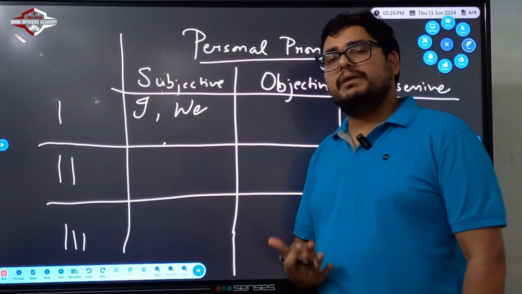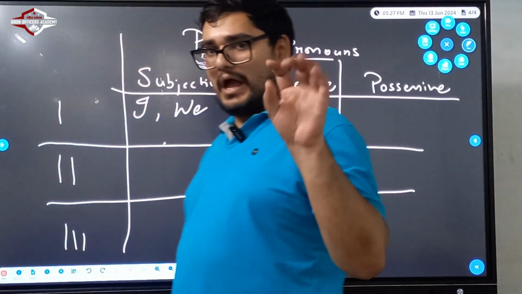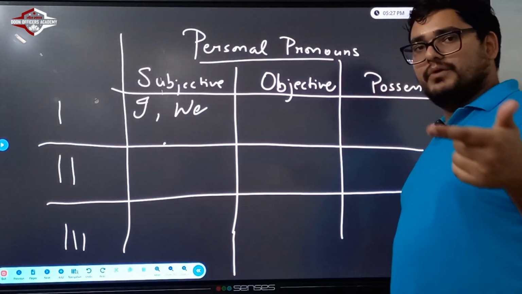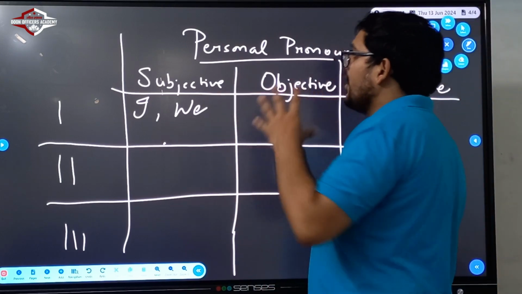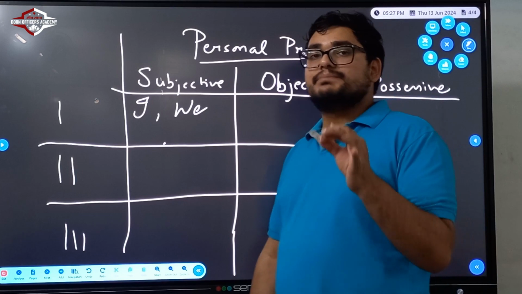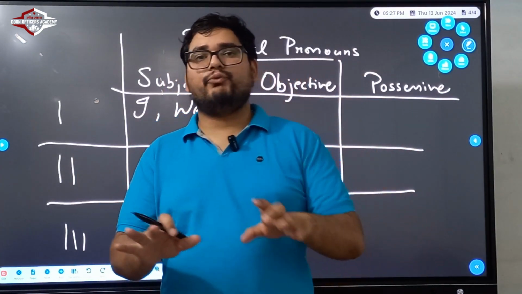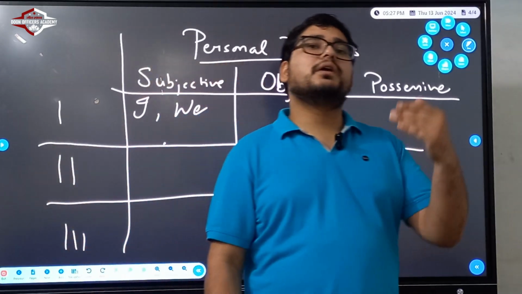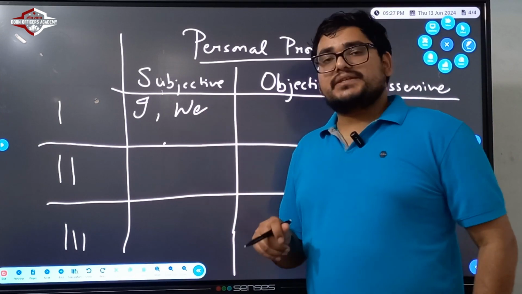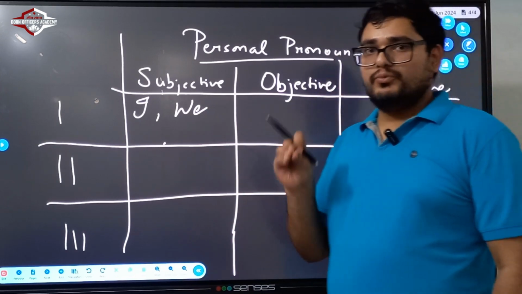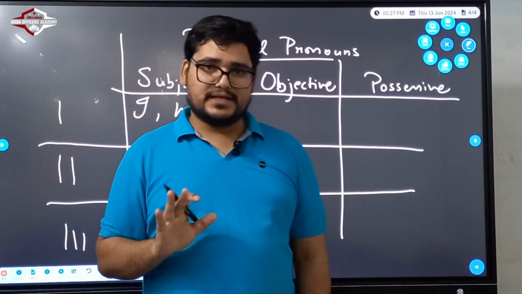Now, what do you mean exactly by the subjective case, the objective case, and the possessive case? It is a must to know about it. But let me tell you right now what subjective, objective, and possessive case are. I hope you know what subject is and what object is and what possessive means. For this to be understood, you must be aware of subject and object within a sentence.